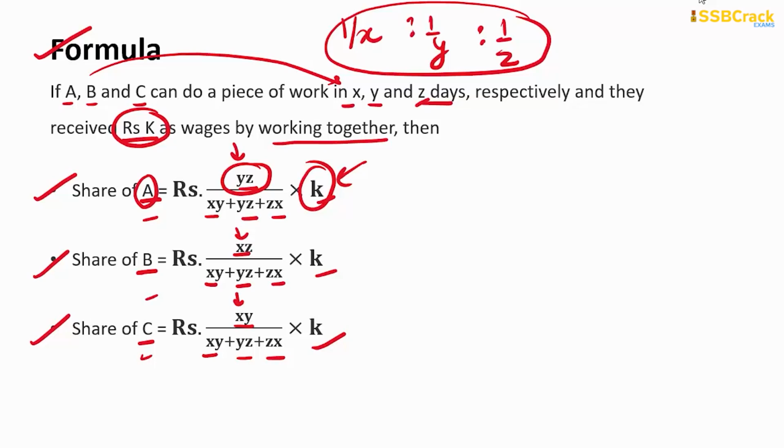So you can see that it will be YZ ratio XZ ratio XY, right? So the share of A will be YZ divided by YZ plus XZ plus XY. Similarly, the share of B will be XZ divided by YZ plus XZ plus XY, and the share of C will be XY divided by YZ plus XZ plus XY, right?